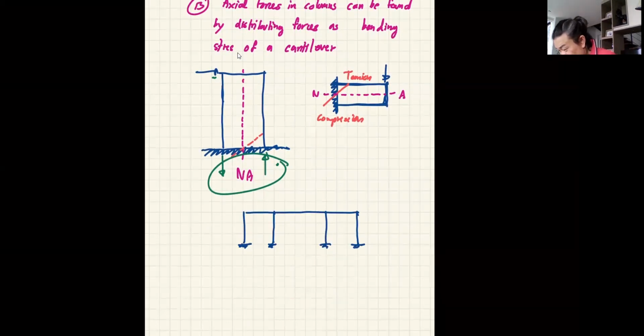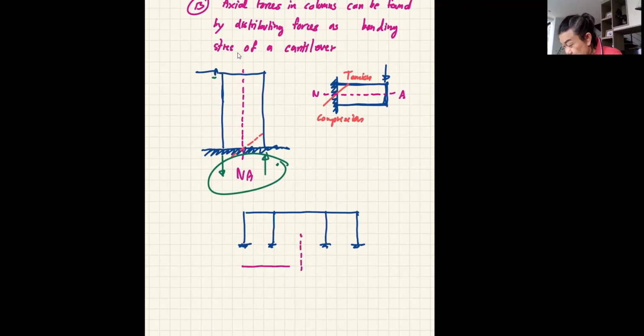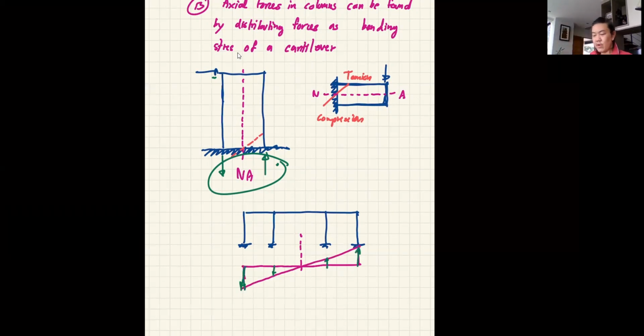Based on your equilibrium, this is still symmetric. That is going to be the profile of your bending stress. Say, make it like that. Okay. The force here will be proportionate to this triangle. So you can use this relationship to calculate how big each force is.